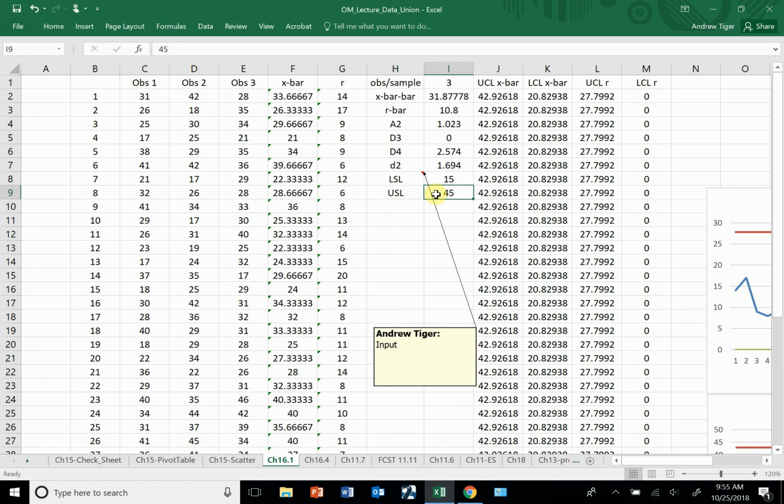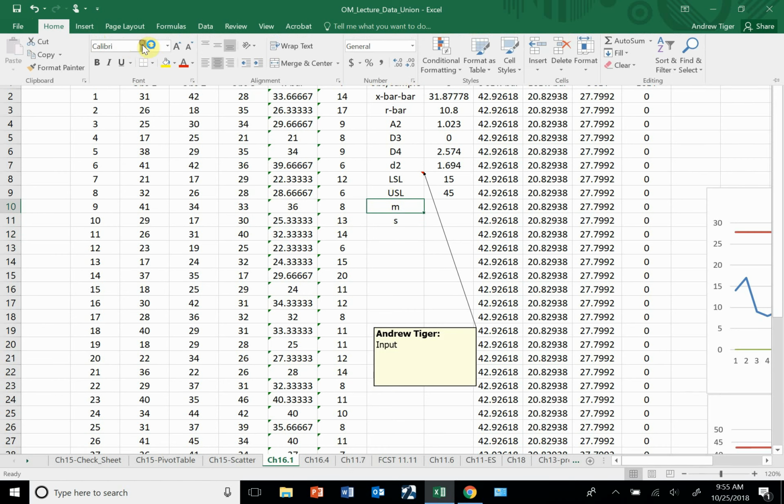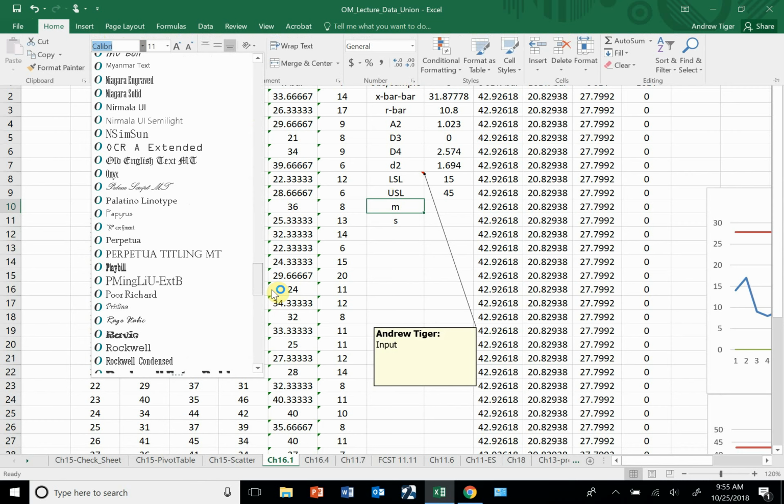So now that I've got this, I can start looking at my data. I need to know my process average, which is mu, and sigma. I need to know what my process mean is, and I'm going to make that a Greek letter.